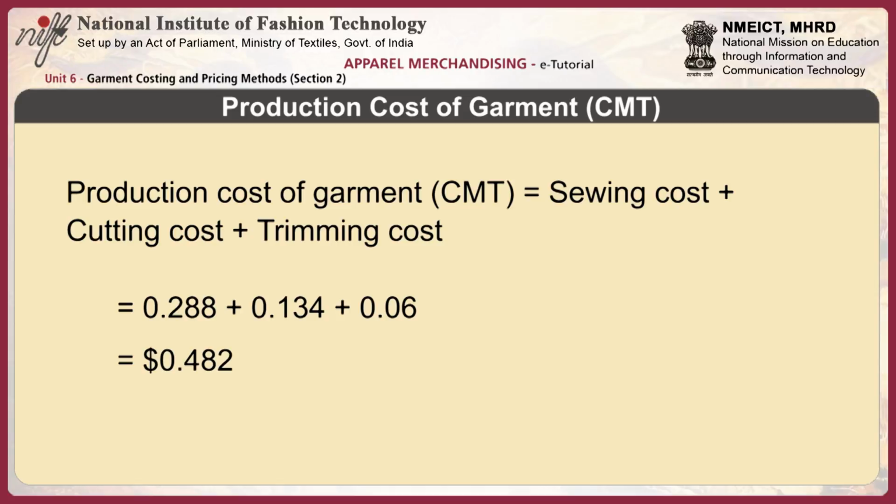So production cost of garment, CMT, is equal to sewing cost plus cutting cost plus trimming cost. So 0.288 plus 0.134 plus 0.06 is equal to $0.482. That is the production cost of a garment which is cut, make, trim.